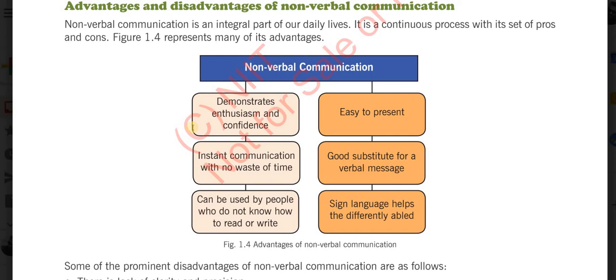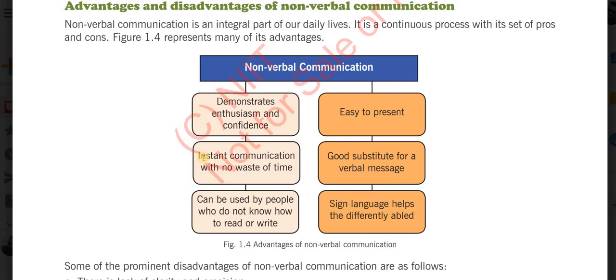Instant communication with no waste of time. Yes, instant communication. If you like someone, you can make that person realize it by your body language, by your face, or something like that. Instant communication by non-verbal means can also be used by people who do not know how to read or write.